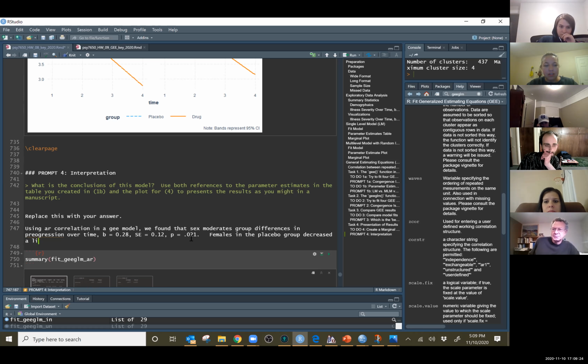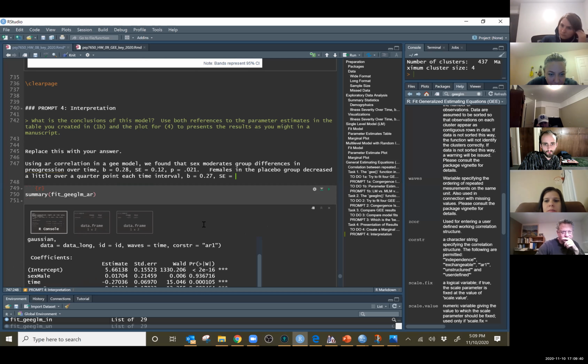Beta equals negative 0.27, standard error equals what? 0.07, and the p-value is less than 0.001. So it's good to get a reference going.